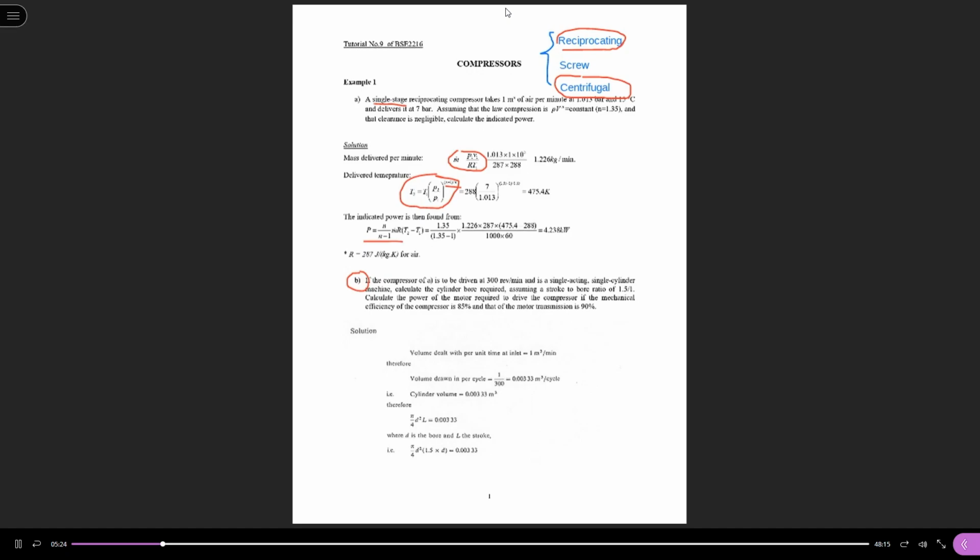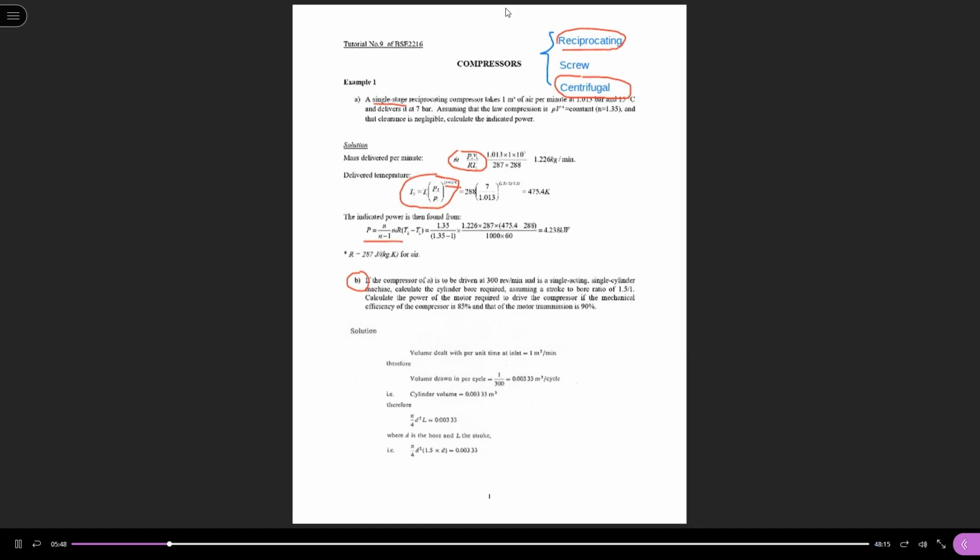And we also need to remember the deriving process for this indicated power.